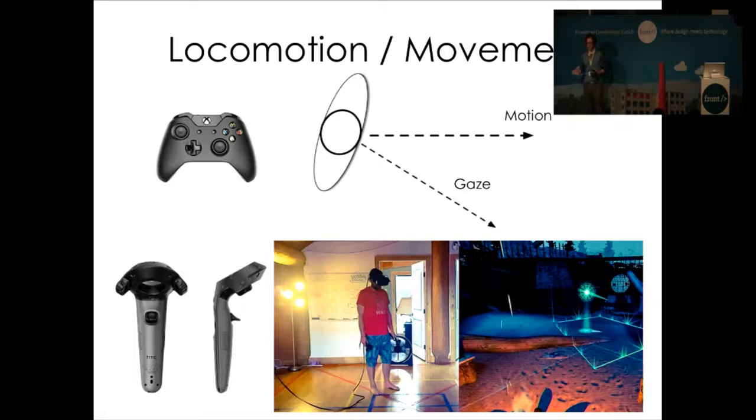On Rift, of course, if you have a controller, they're going to be doing it in a more, let's say, conventional way with a thumbstick. But you can also have problems with this. If I'm pushing forward this way and I start looking that way, I have a disorientation between my intention to go this way and looking that way.